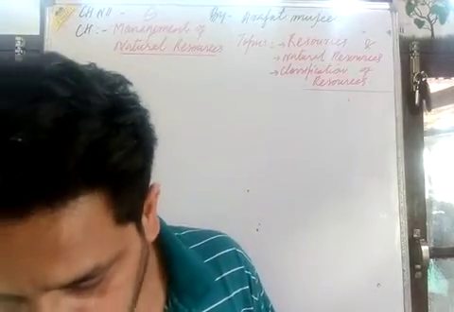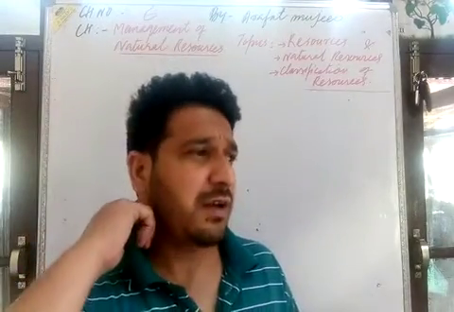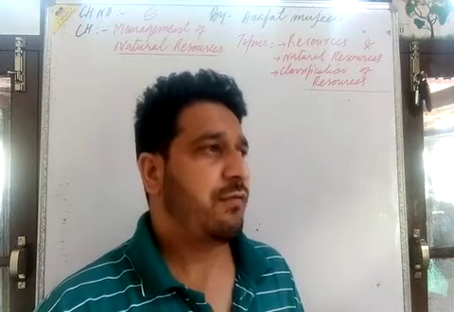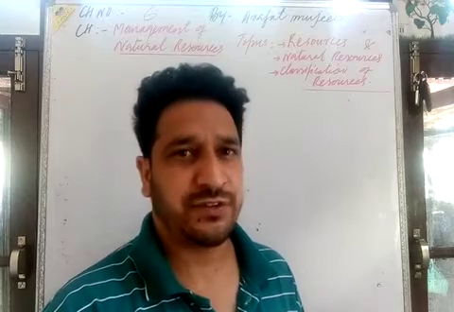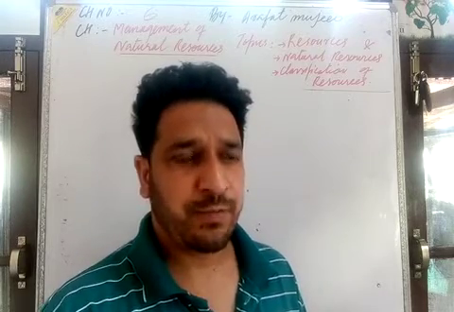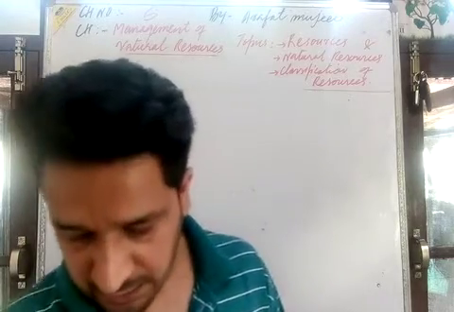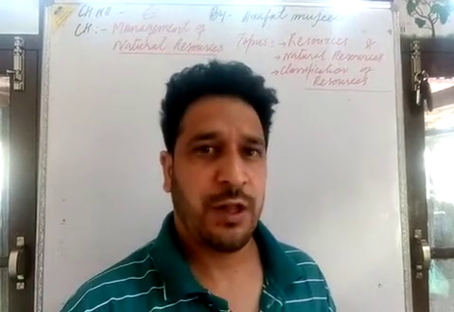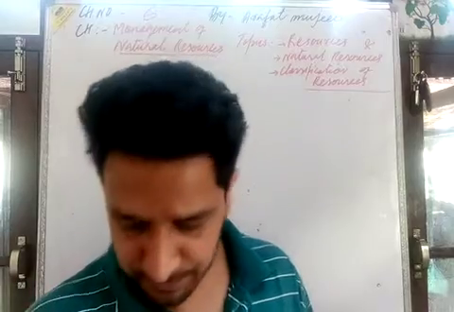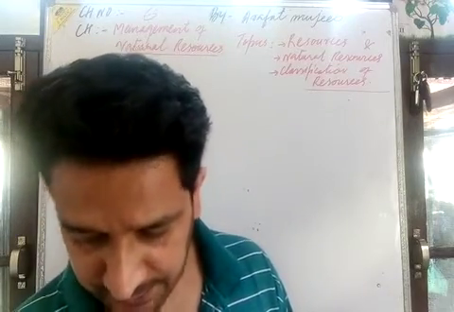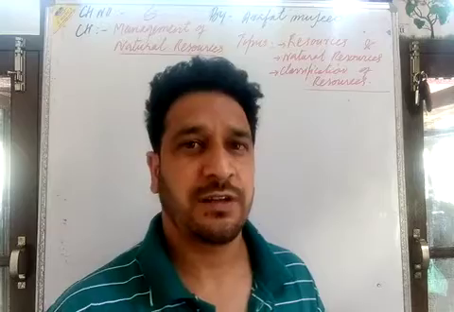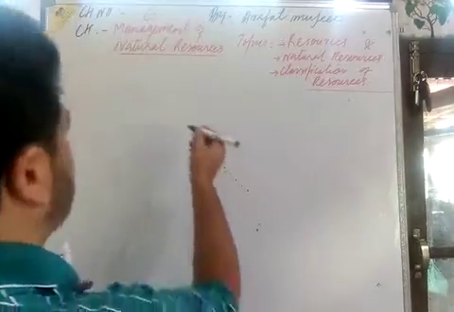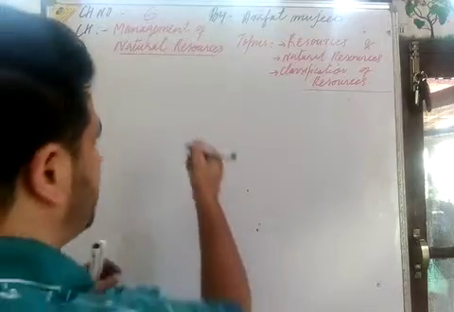Another way to define conservation is when some measures are taken in order to check the depletion or destruction of natural resources from any natural factors, and that is also referred to as conservation. Now, what are the objectives of conservation of natural resources?